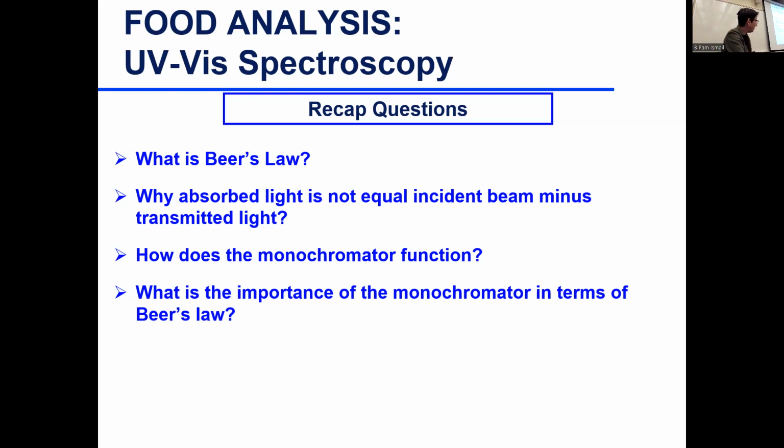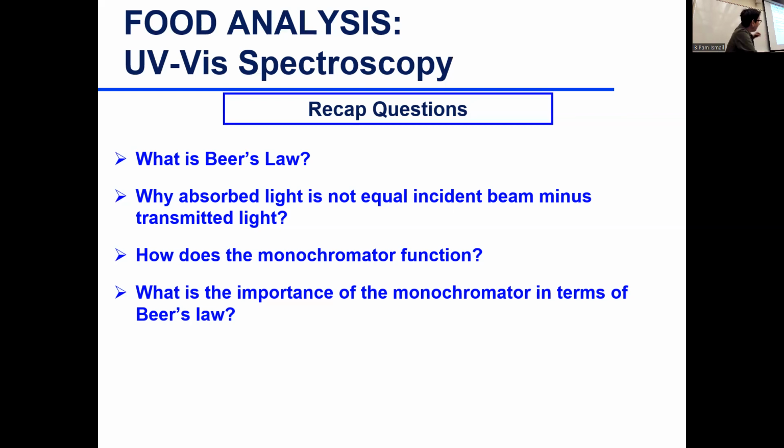How does the monochromator function? What is a monochromator and how does it function? Perfect. It isolates a specific light, of a specific wavelength, to be very accurate in the response.